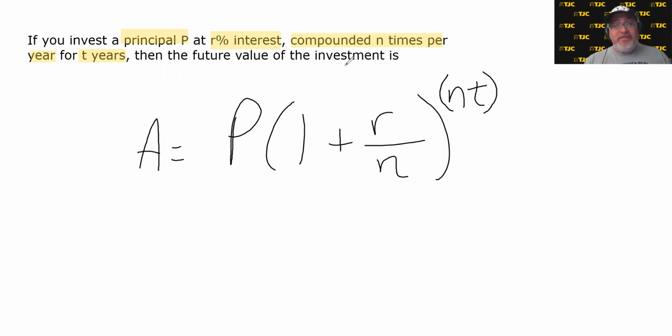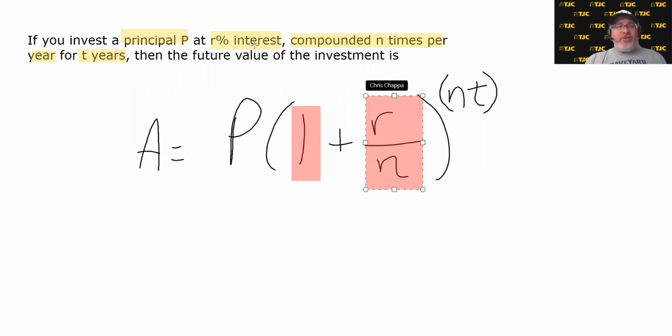Just a couple of comments about the pieces of this. The 1 represents 100% of your principal before you add the interest onto it. The R over N is how much interest you get each compounding period.